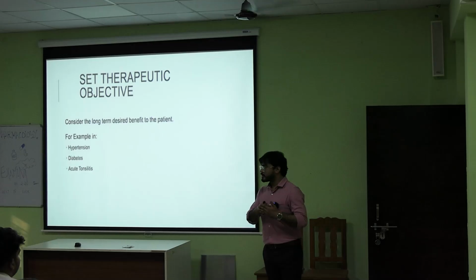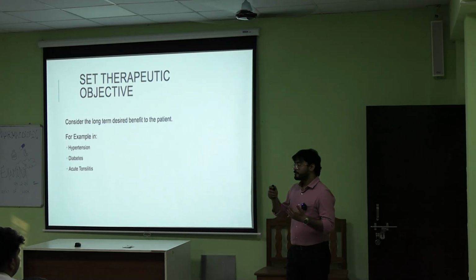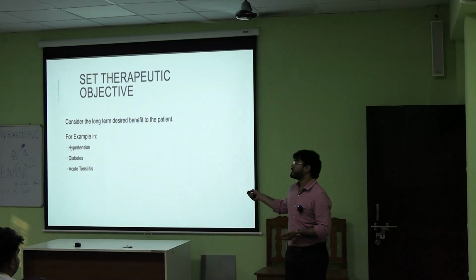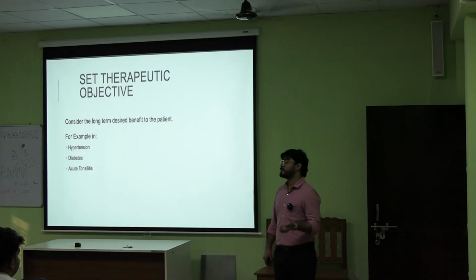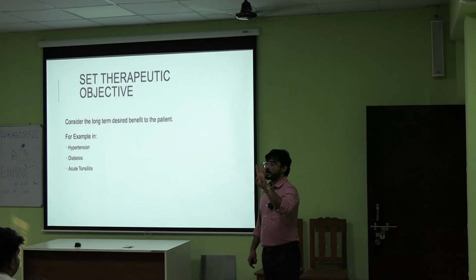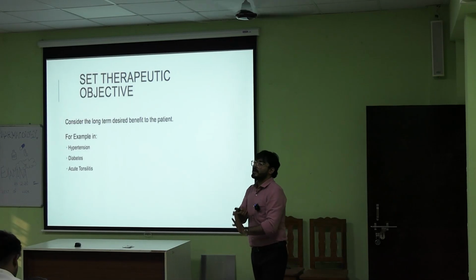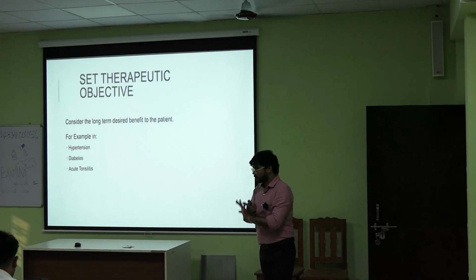The person has to take it for a very long period of time. So while prescribing a drug, you should also consider the long-term benefit for this patient. And now, how will you maintain this long-term benefit? The 4 criteria: safety, efficacy, tolerability, and the major thing is cost. Got it?